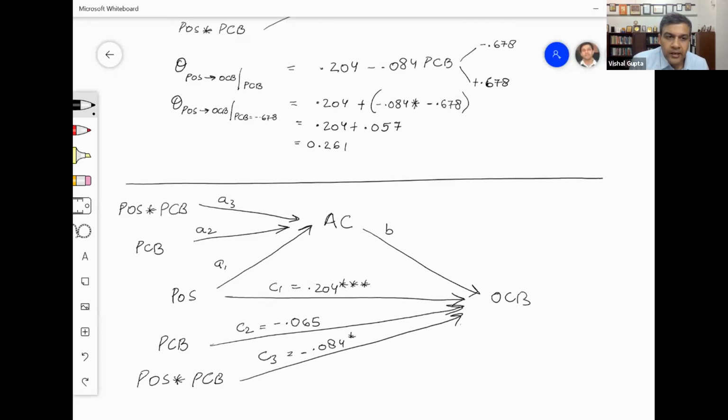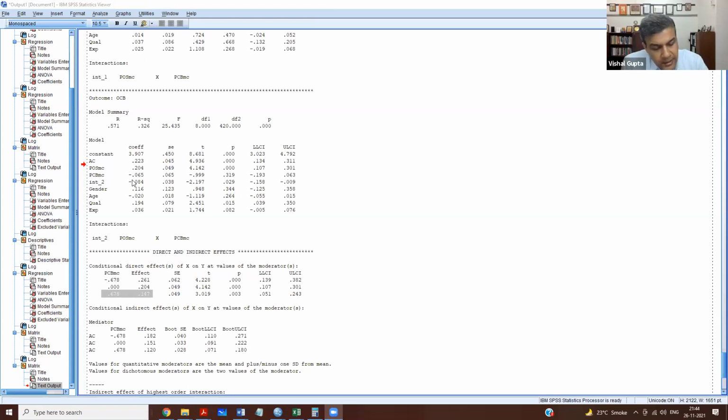So we look at our output here, and right. So what is our B? B is the path from AC to OCB. So this is 0.223 and it is significant at triple star.